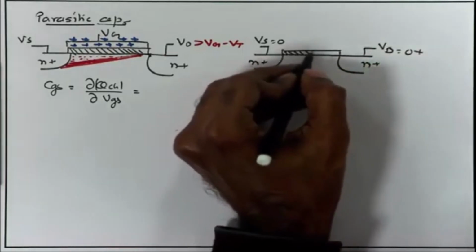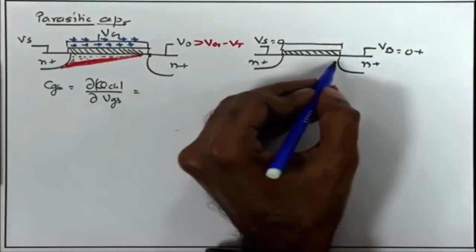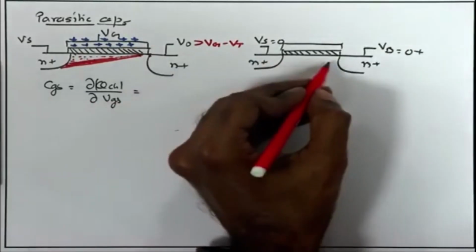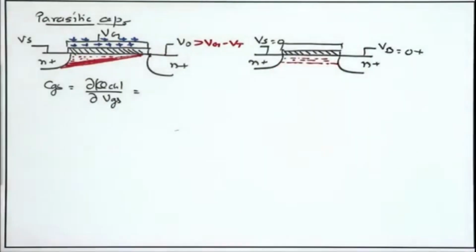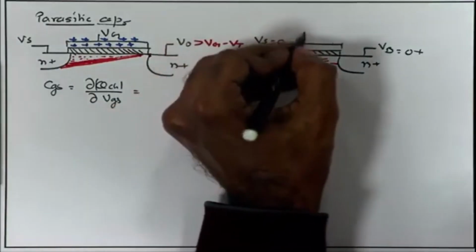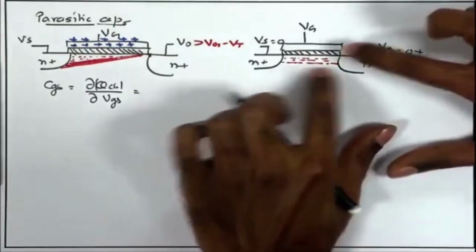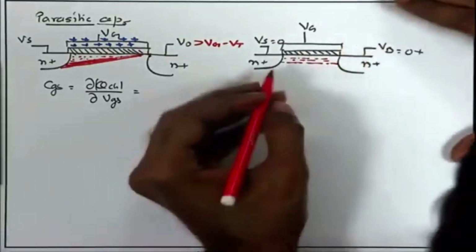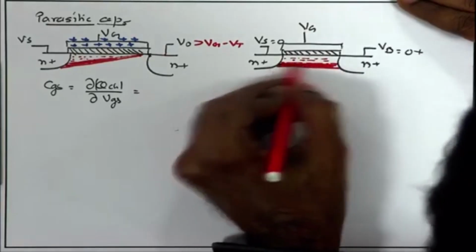Under that condition, the channel charge was almost uniform, so there was no tapering. If I change the gate voltage Vg, make it positive or negative, we expect this charge to expand uniformly all throughout, increasing uniformly everywhere.